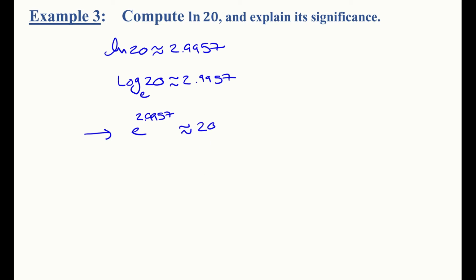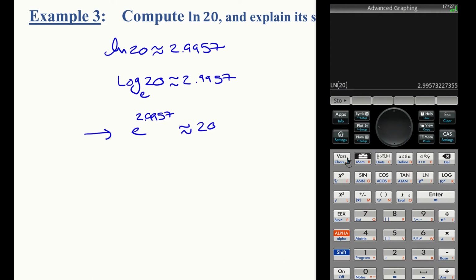Now again, we can verify that if we just go ahead and type in e to the power. That's the second function of ln. Usually you have to push either second or shift, whatever it is on your calculator, and then type in the exponent 2.9957.